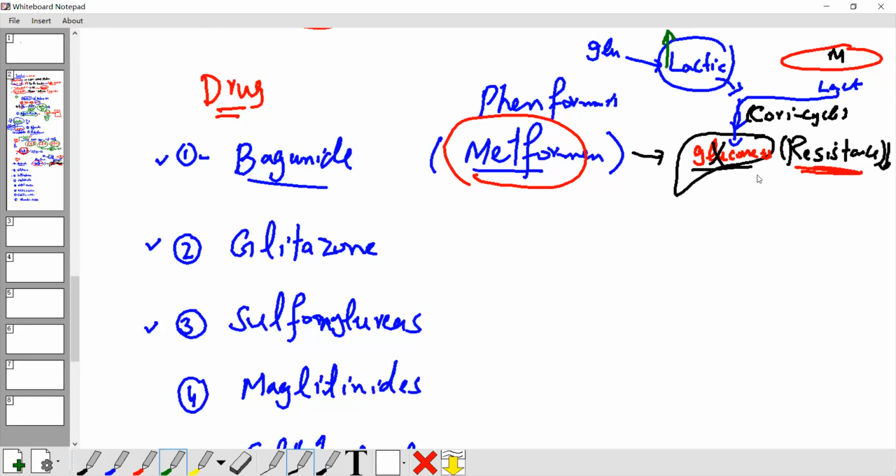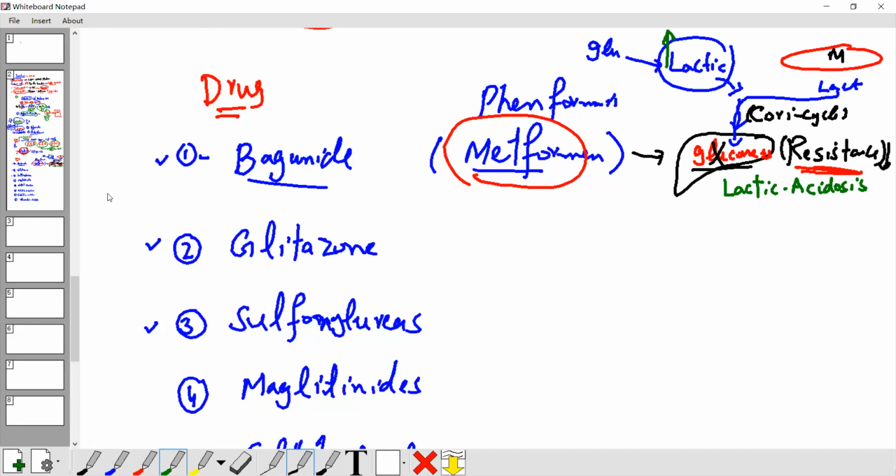So the important side effect, never forget this side effect of metformin: lactic acidosis, okay? If any patient has liver disease, the chance of lactic acidosis is more. If the patient has a kidney problem, renal failure, at that time I'm not going to use metformin, because kidney disease causes acidosis, yeah, kidney disease increases acid in our body.